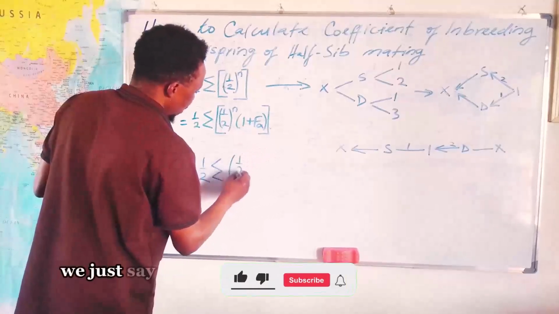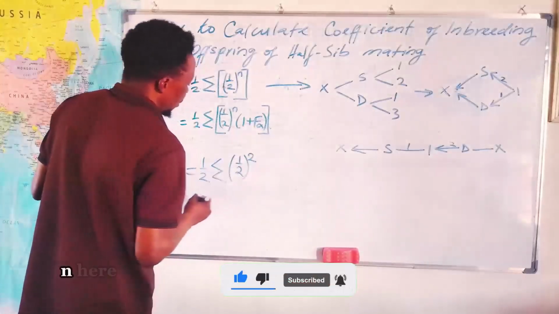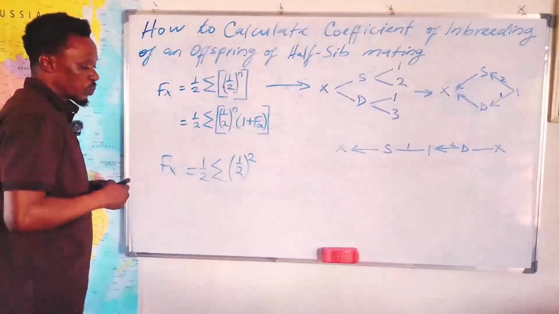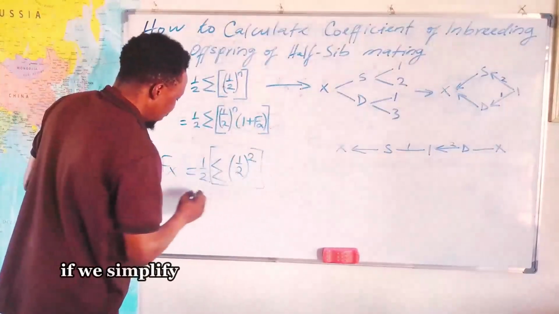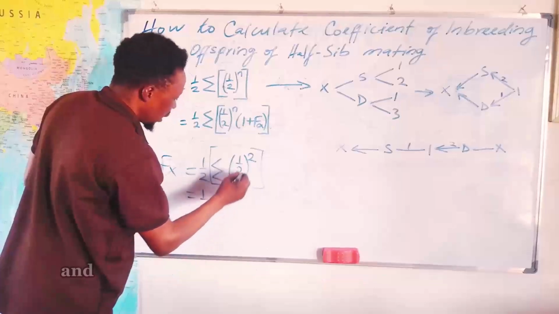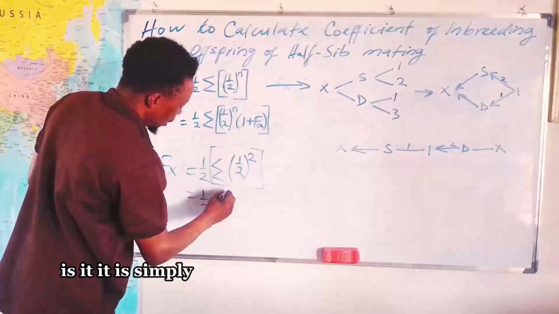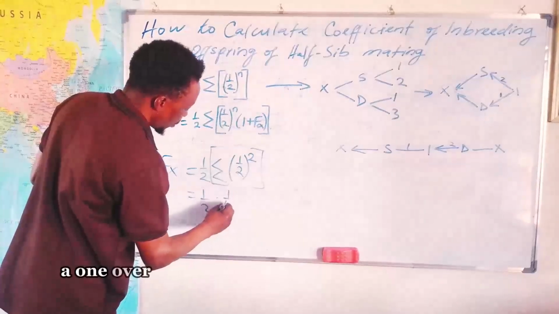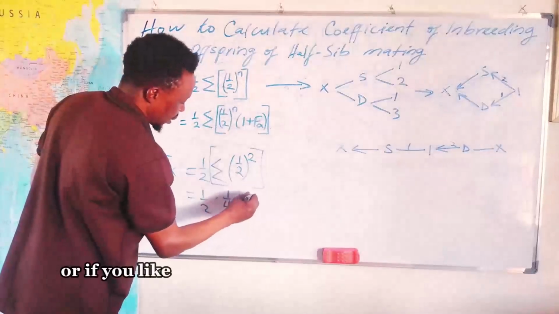We just say half raised to the power N, N here now being 2. If we simplify this side, we're going to have half raised to the power 2, which is simply 1 over 4.